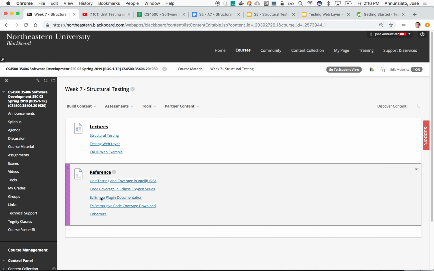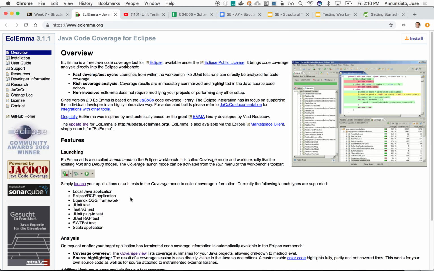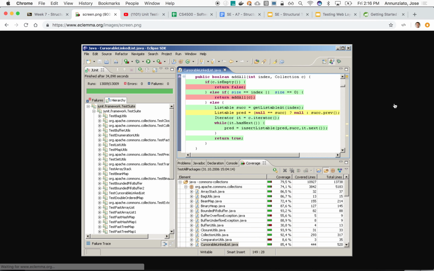If instead you're using Eclipse, I had asked you to take a look at the EclEmma plugin, which paints your code red or green to highlight which parts of the code are being exercised and which are not, and to try to see what calculation would give you some idea on how good a unit test you might have. Okay?